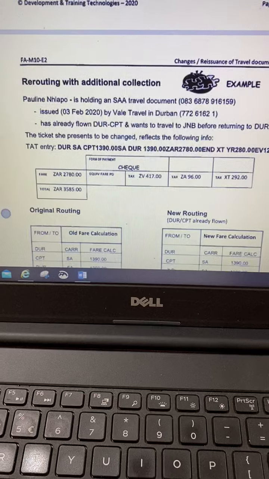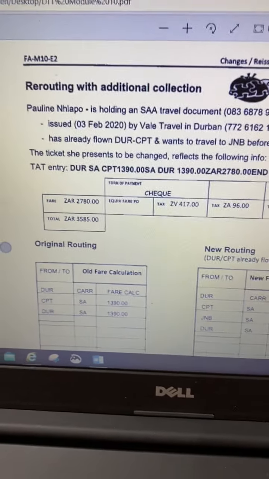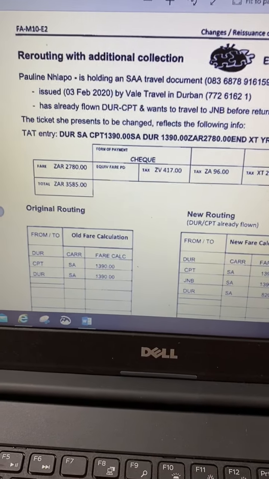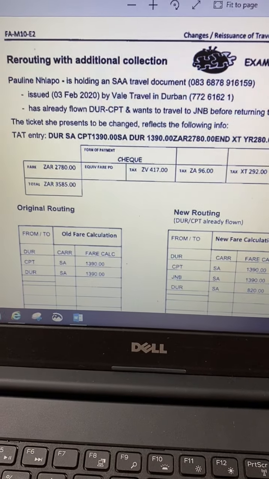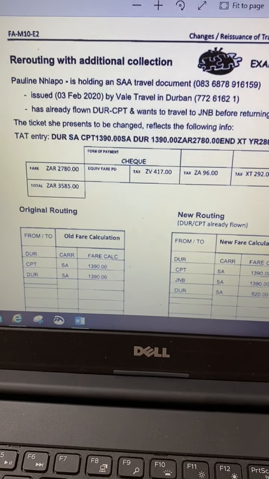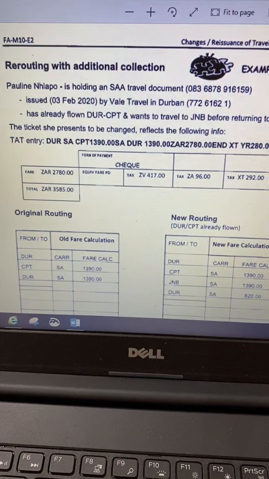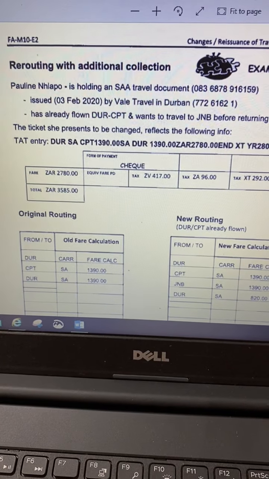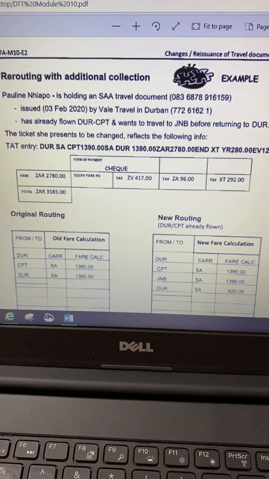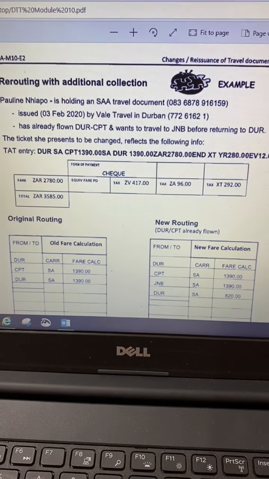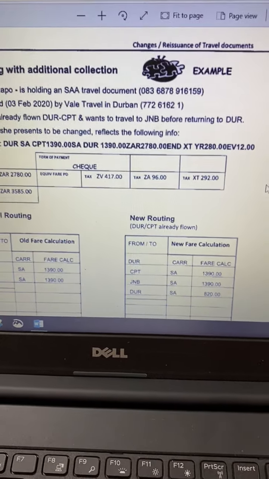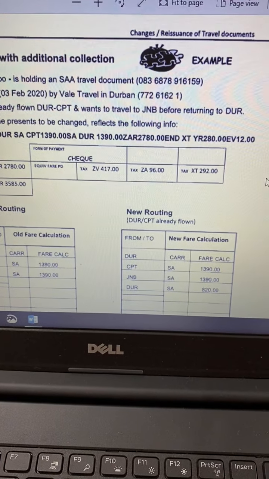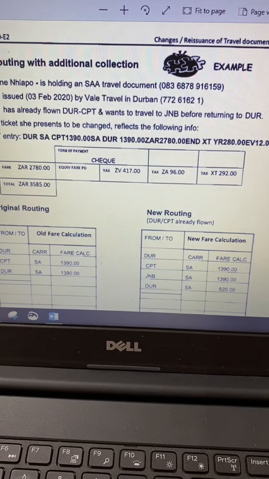Then we'll have a look at this example that says rerouting with additional cost. You'll see that Pauline Lapo has got a document, a ticket. They give you the ticket number, they tell you when and where it was issued, and they tell you that she has already traveled the Durban-Cape Town sector and she now wants to travel to Johannesburg before returning to Durban.